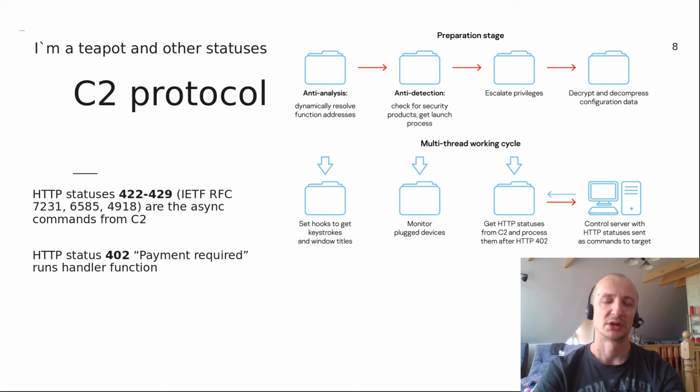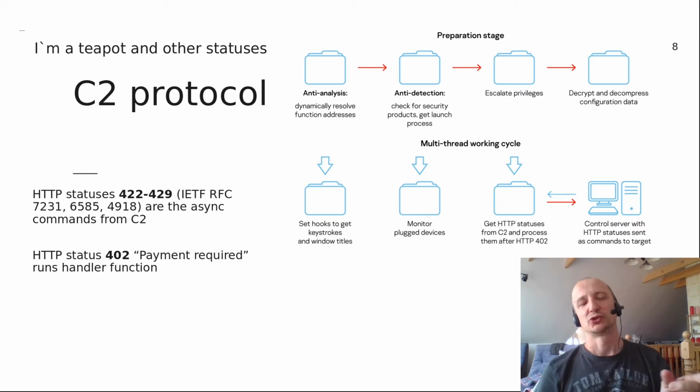And the main one the developer of this malware chose is 402, named Payment Required. So how does it work and why is it the main one? Imagine the range from 422 to 429, and imagine a multi-threaded malware. First comes the preparation stage.